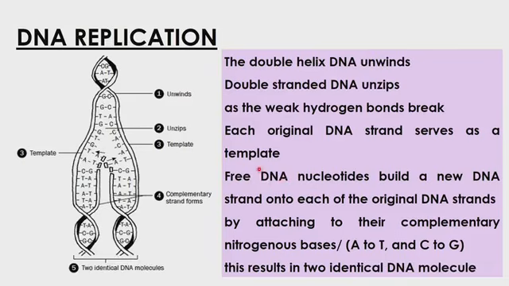Free DNA nucleotides, because we are building DNA, build a new DNA strand onto each of the original DNA strands by attaching their complementary nitrogenous bases to each other. And here it's important to write what those complementary nitrogenous bases are: an A binds to a T and a C binds to a G. This results in two identical DNA molecules.